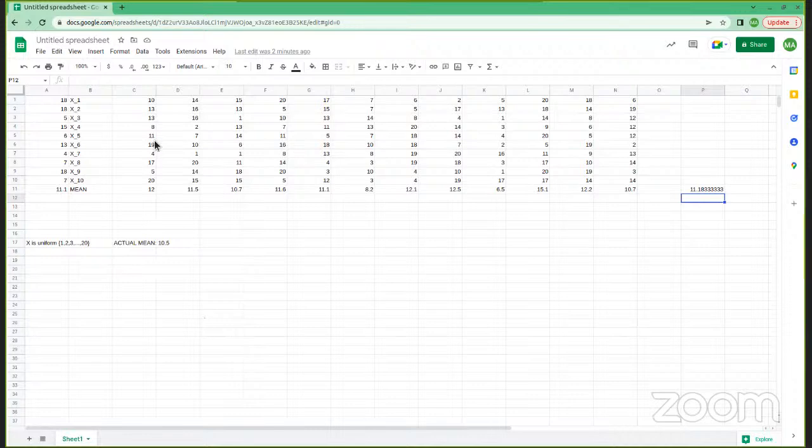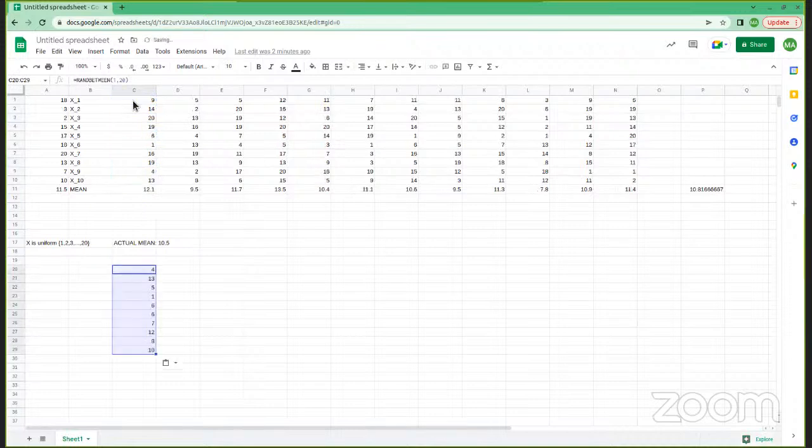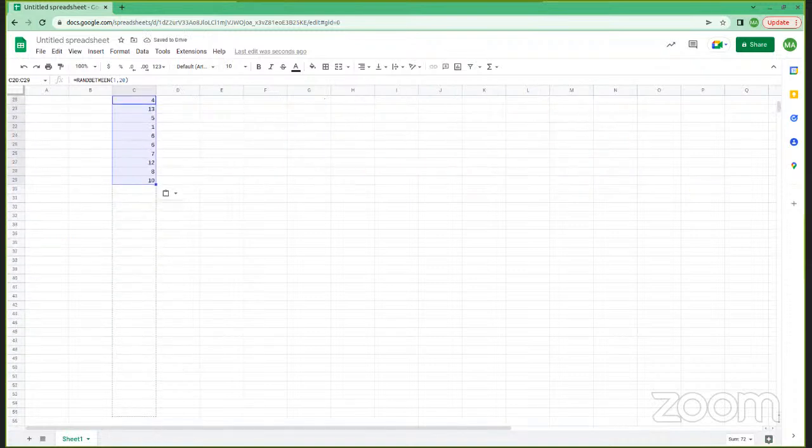Okay, so we have randomly generated a few, these many.